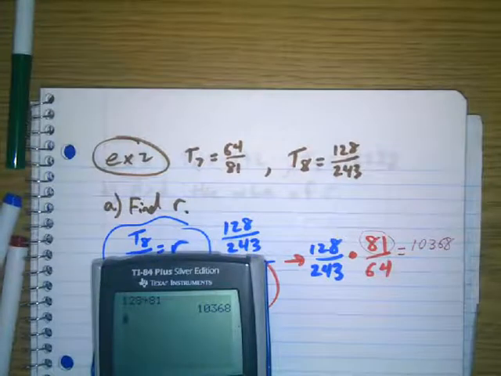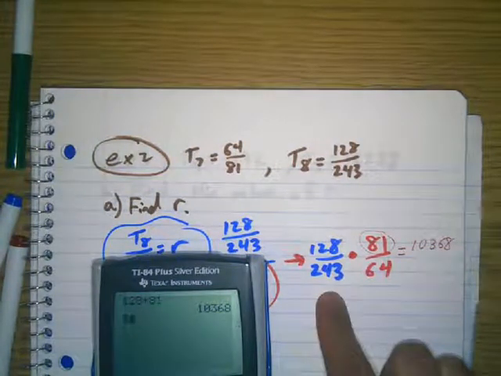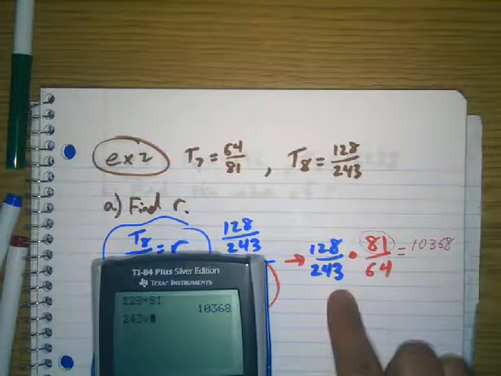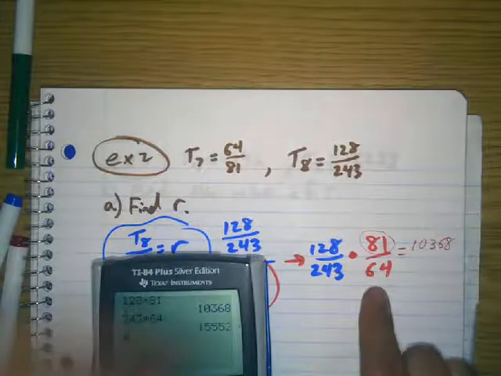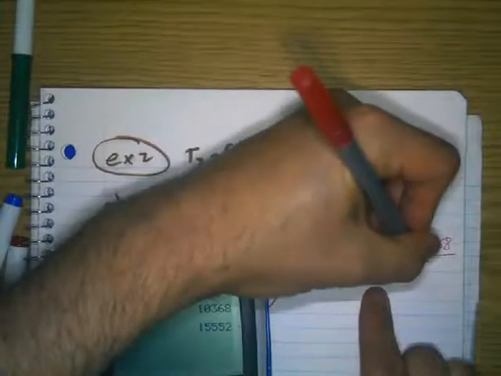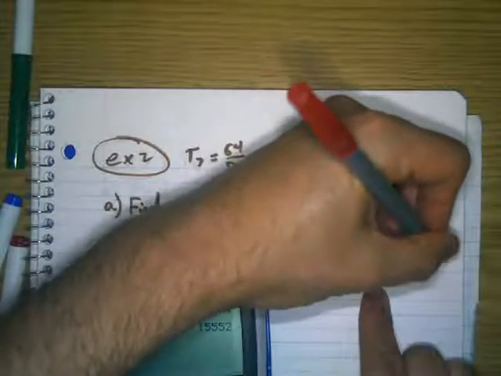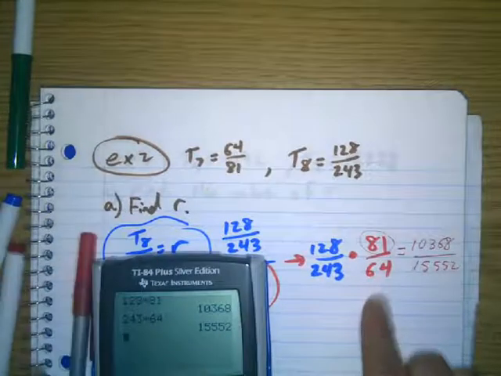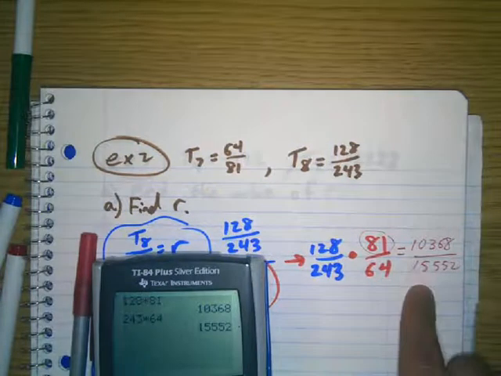Okay, and 243 times 64. Okay, and then the numerator divided by the denominator.